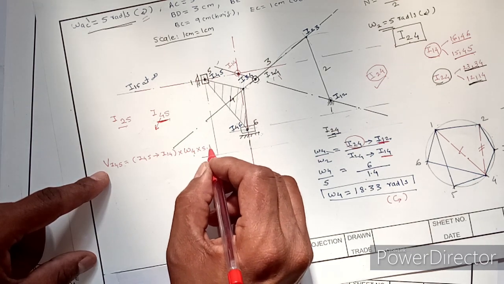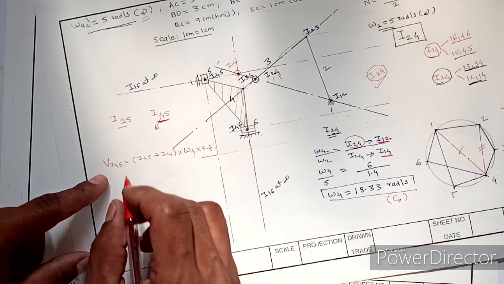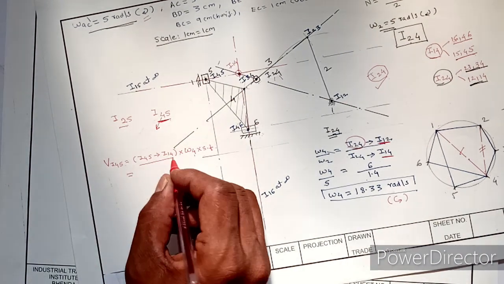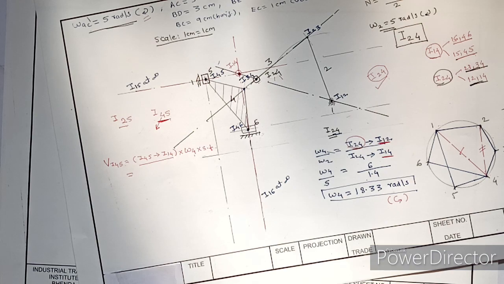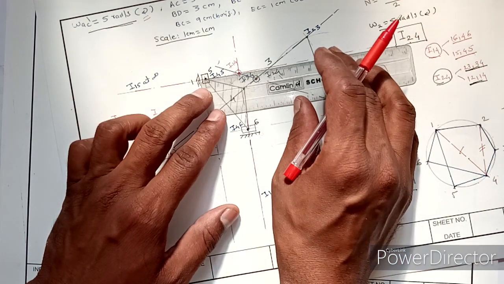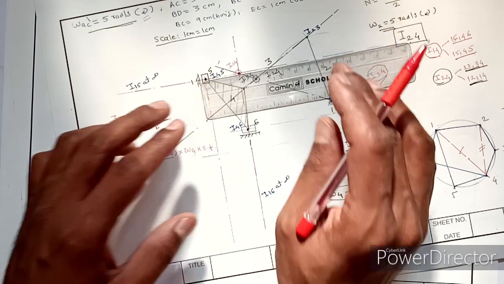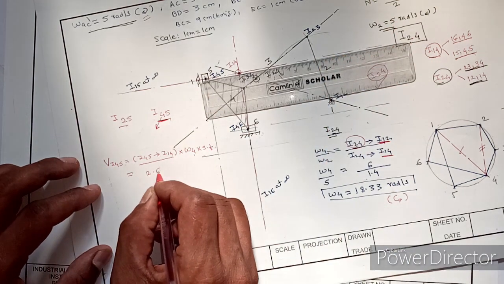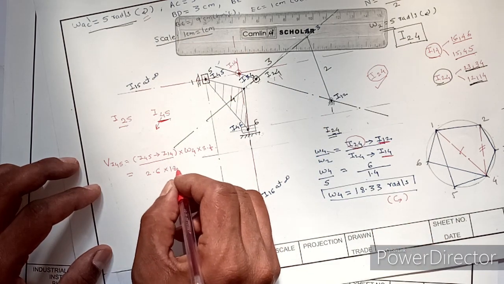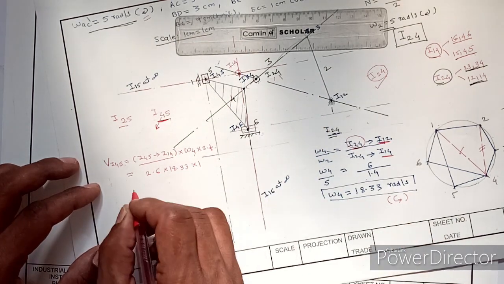Now we need to multiply this by the scale factor. This is equal to, let us measure this distance, I45 to I14. So here is 45, here is 14, the distance is 2.6 into omega 4, which we just determined as 18.33, and the scale factor is 1.